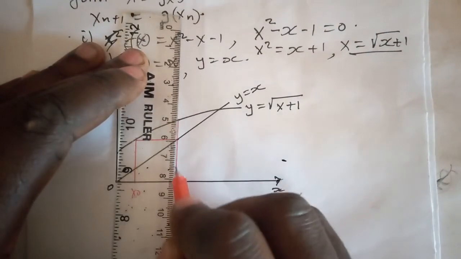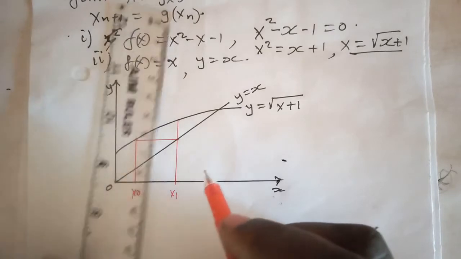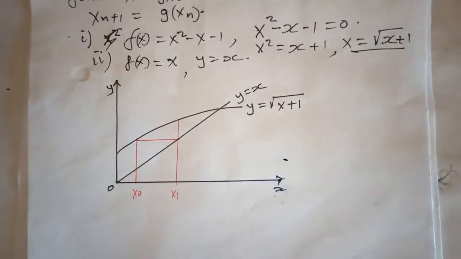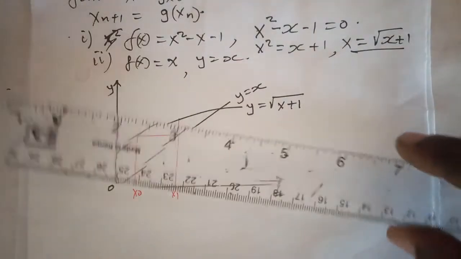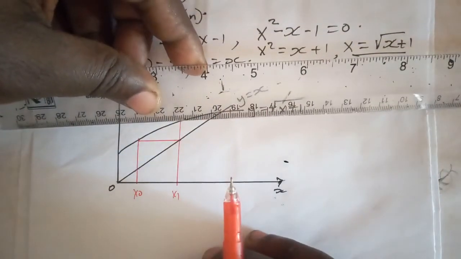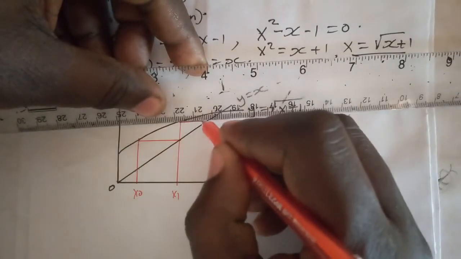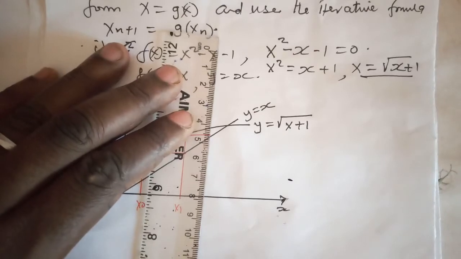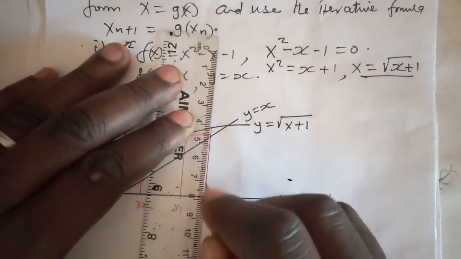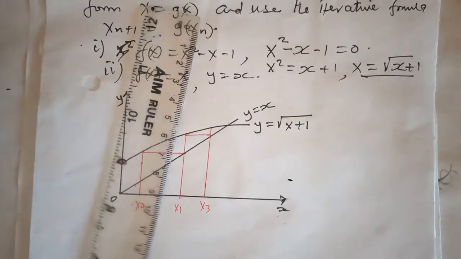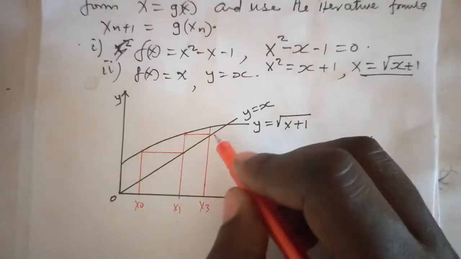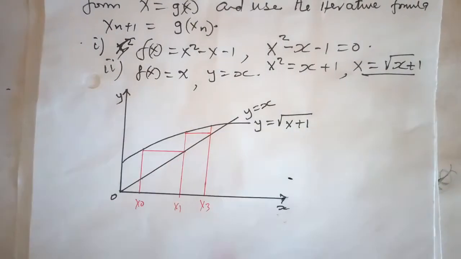Now when you substitute x1, you can see the values of y are now closer, but because they are not as close, we may talk of another horizontal movement so that we can land on x3, and the moment we have x3, you can already see that the values of y are close to each other.